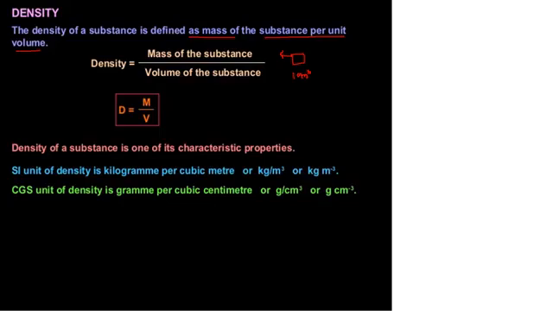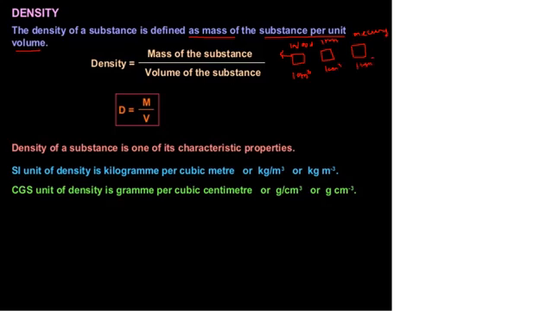Let me take an example over here. Let me take wood, iron, and mercury. I'll take the volume of each substance as 1 cubic centimeter: 1 cubic centimeter of wood, 1 cubic centimeter of iron, and 1 cubic centimeter of mercury.